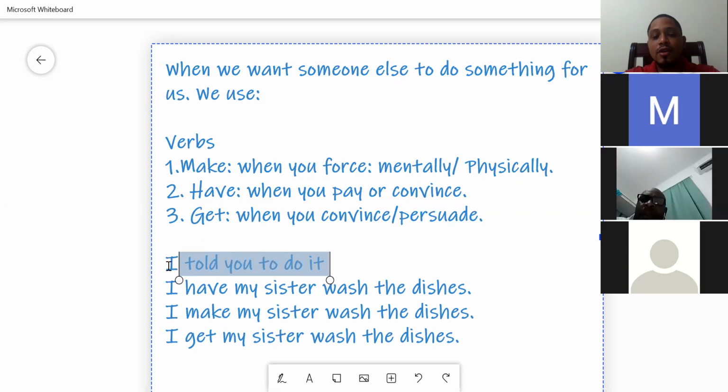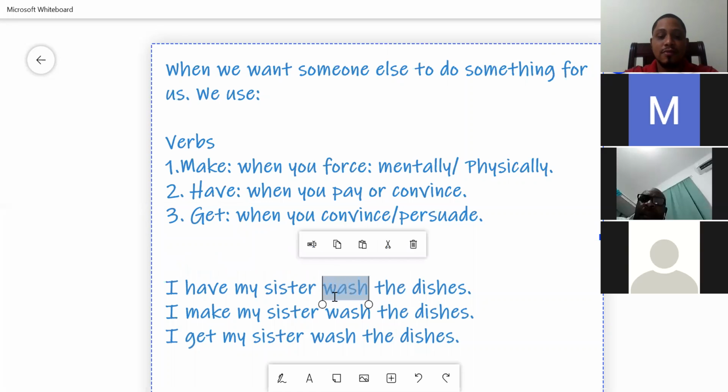But when you are creating sentences of this type, like when you're saying that someone is going to do something for you, you don't use the particle to. In a normal sentence, listen to this, in a normal sentence, which is not this one, if we have a verb like that, we have to put to wash because it's not conjugated. There is no pronoun before it.